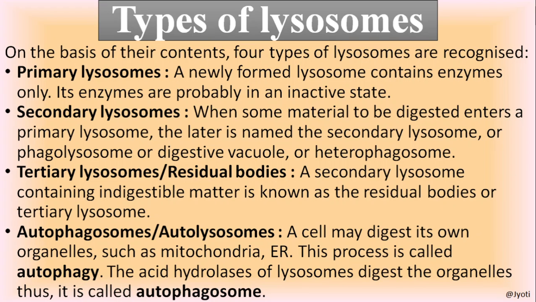When some material needs to be digested, it enters into the primary lysosome, and now the primary lysosome becomes the secondary lysosome, in which the digestive enzyme is active and starts digesting the material that has entered into the lysosome.